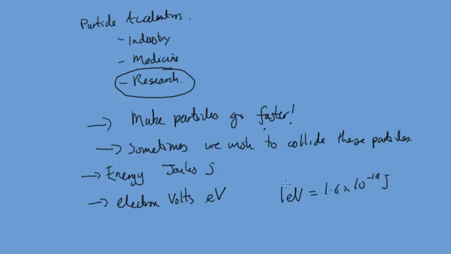The energies that we get these particles up to can be many thousands or millions of electron volts. The unit gives us a better indication of the energy transferred when we say 40,000 electron volts going to 60,000 electron volts, for example.